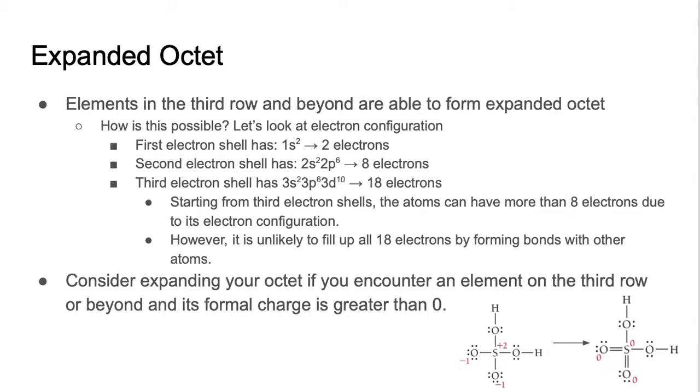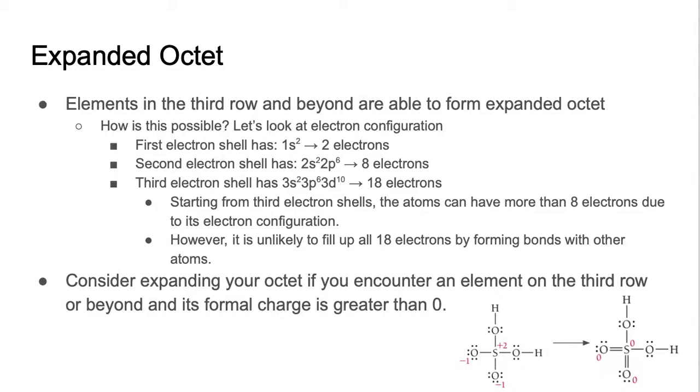So for example, the first electron shell has 1s2 and therefore 2 valence electrons to be filled up. Examples of this are hydrogen and helium. The second electron shell can have 2s2 and 2p6, a total of 8 electrons.